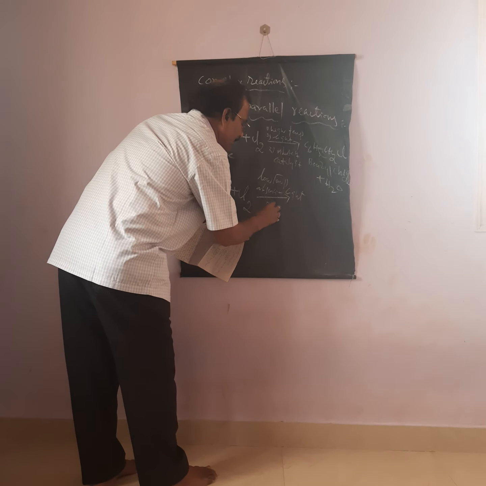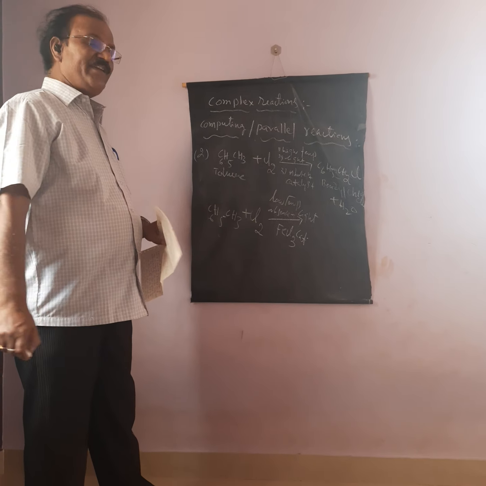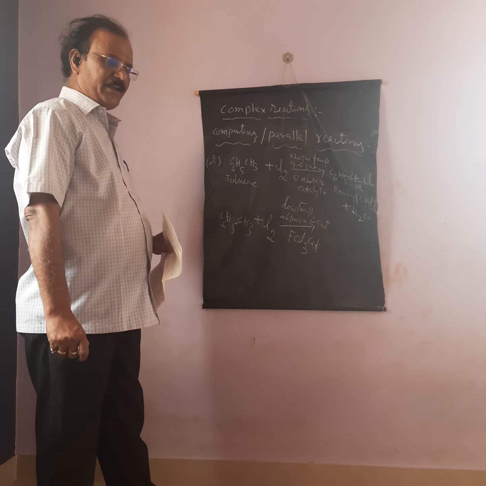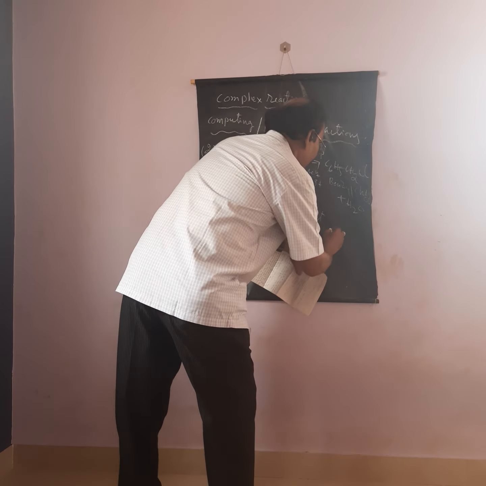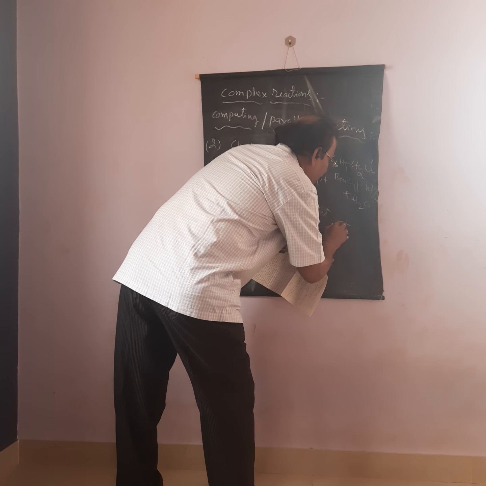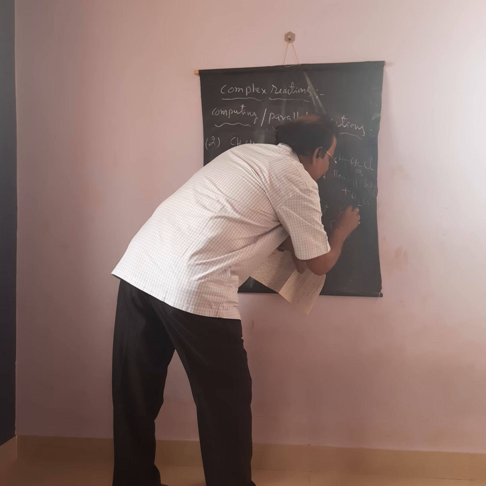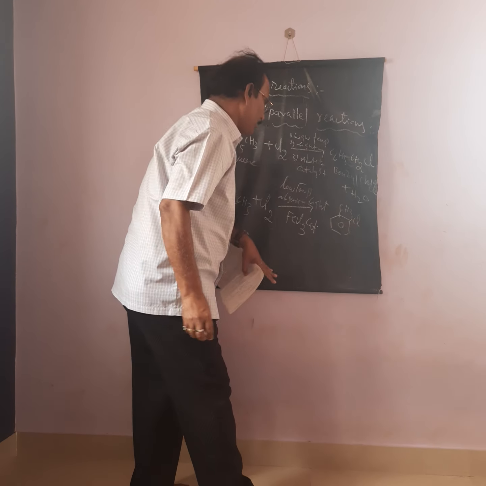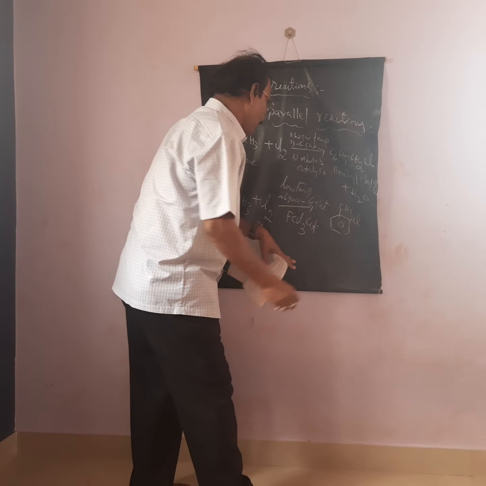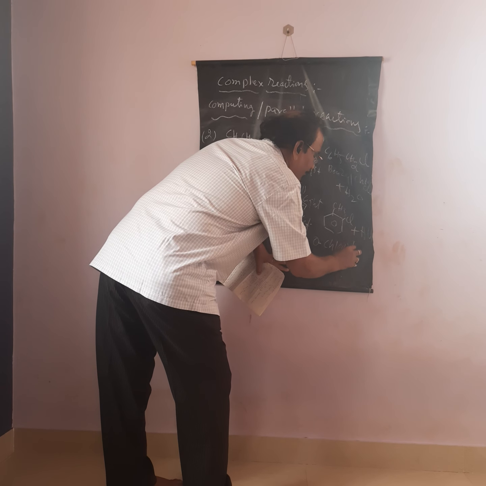So we get electrophilic substitution of toluene. We get orthochlorotoluene, C6H4ClCH3, plus HCl.